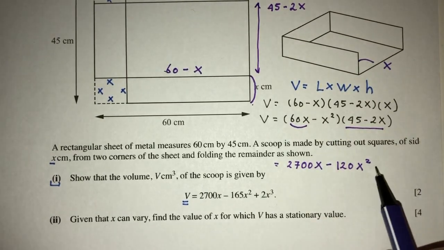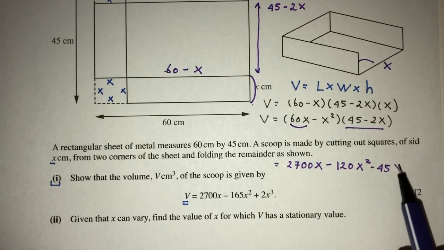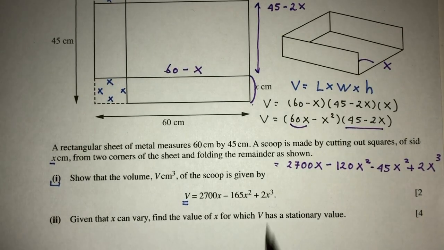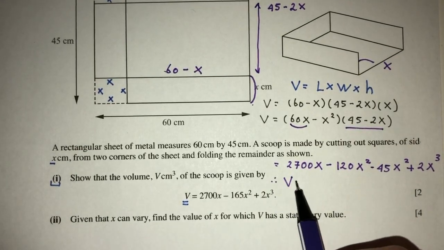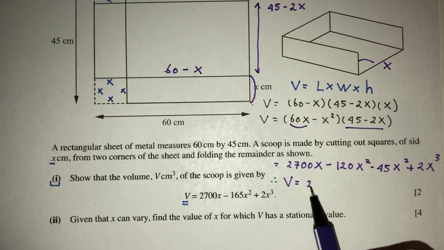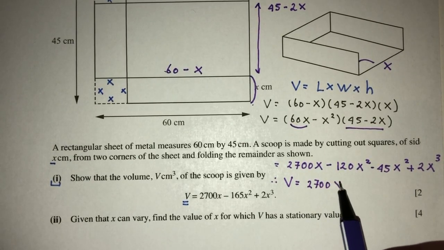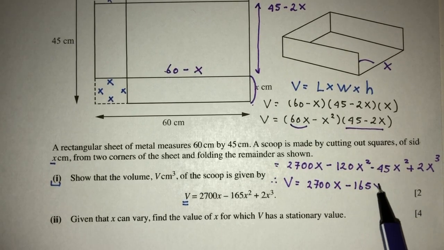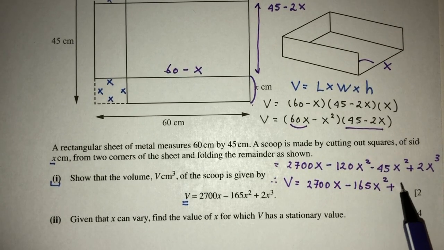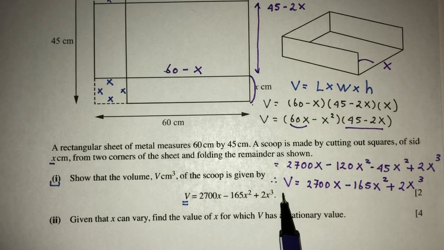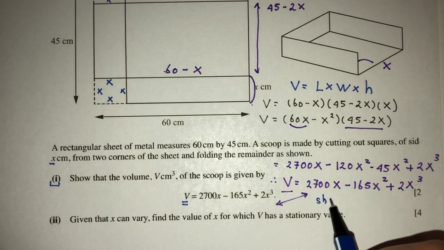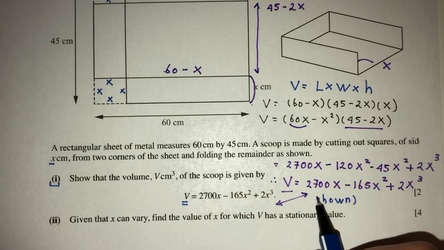And here we have minus 45x squared plus 2x cubed. So simplify: V is 2700x, combine those two to get minus 165x squared, and then plus 2x cubed. This is the same as this, so this is shown as required. That is part 1.